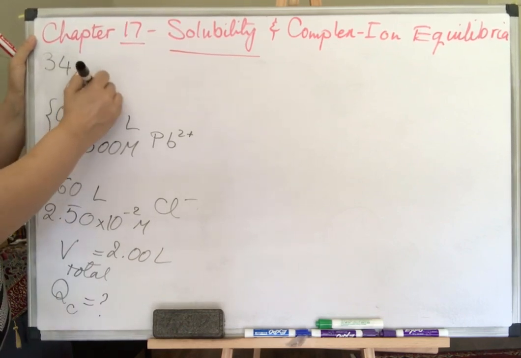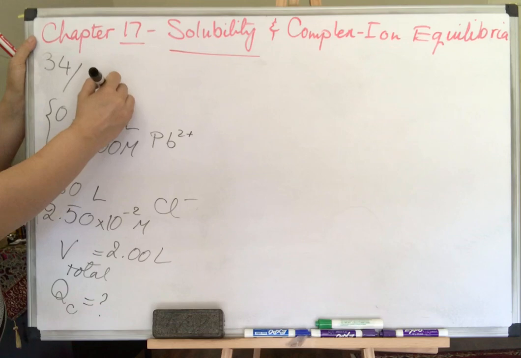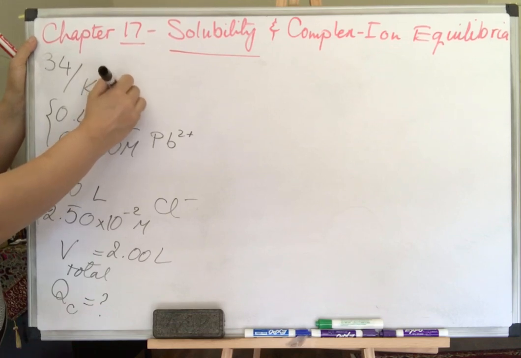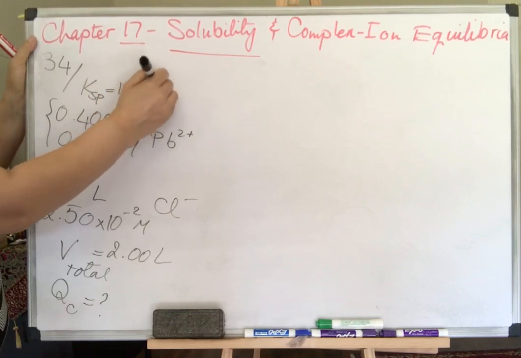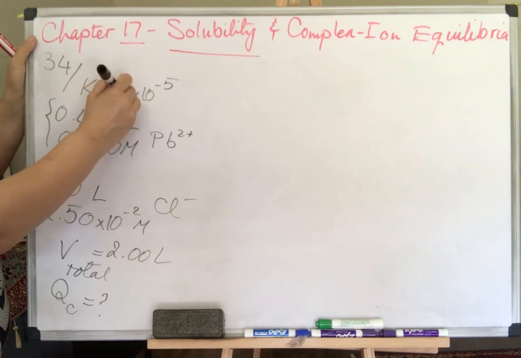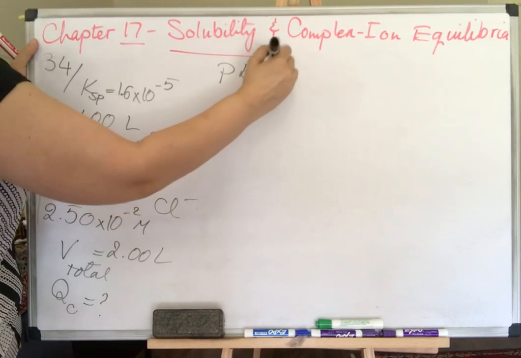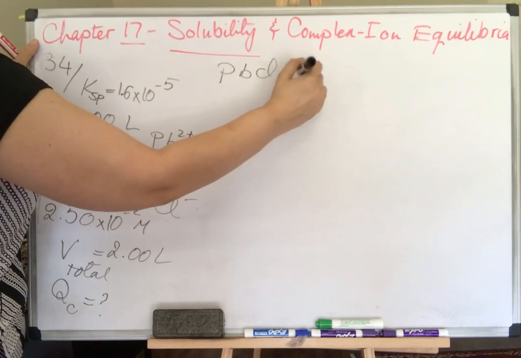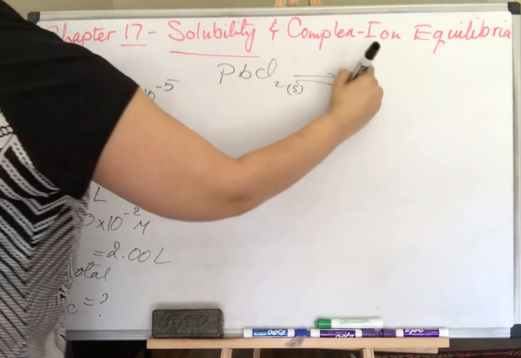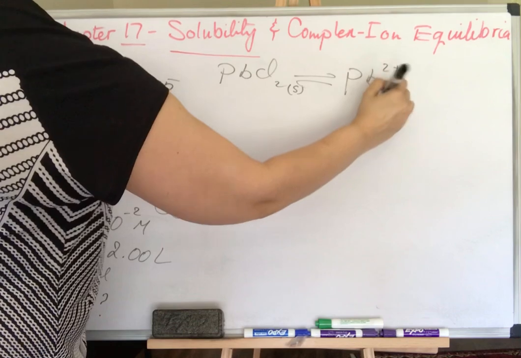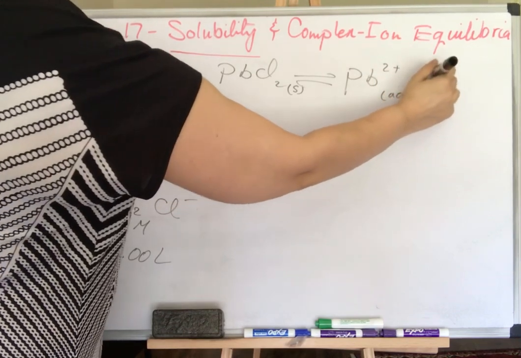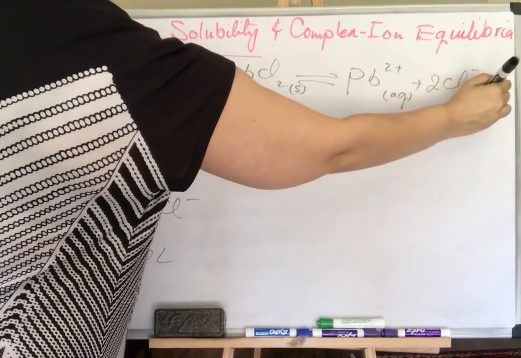We know that KSP for PbCl2 is 1.6 times 10 to negative 5. So first, let's write the equation for PbCl2: Pb2+ aqueous plus 2Cl- aqueous.